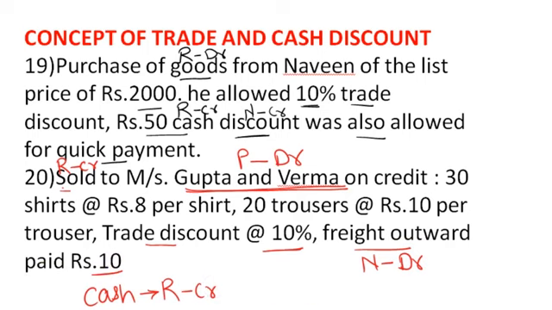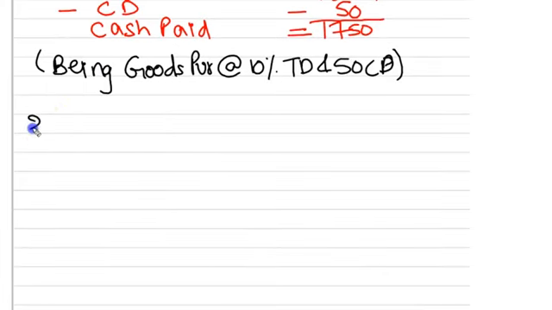Now how do I record this? Let me just pass the entry first. So in this situation we are passing entry for transaction 20.